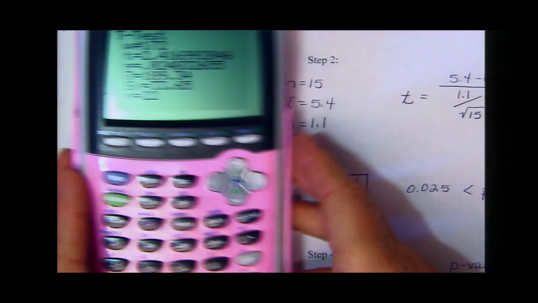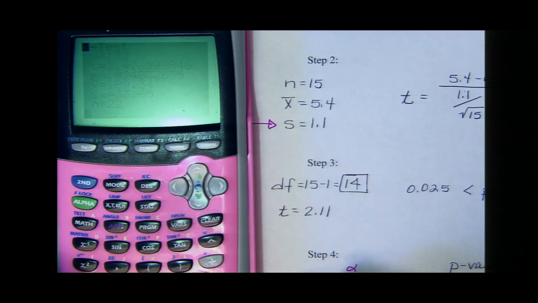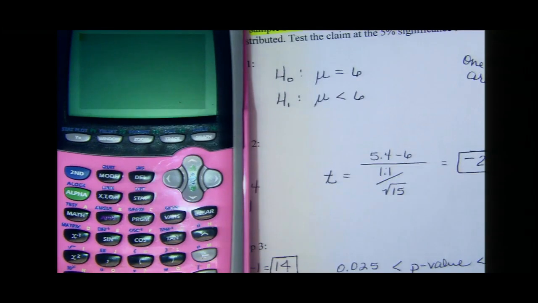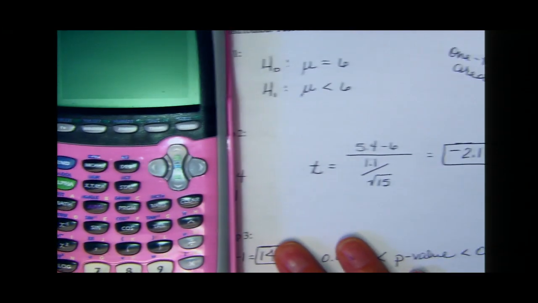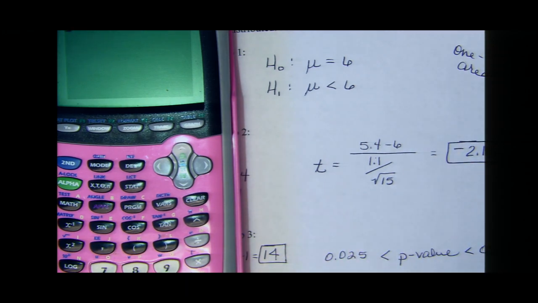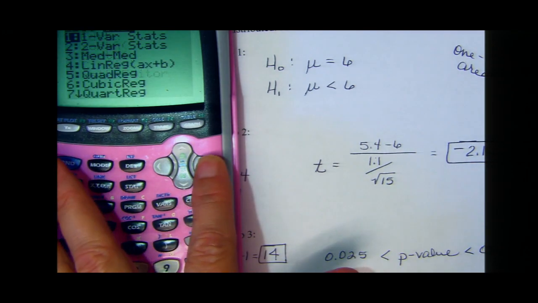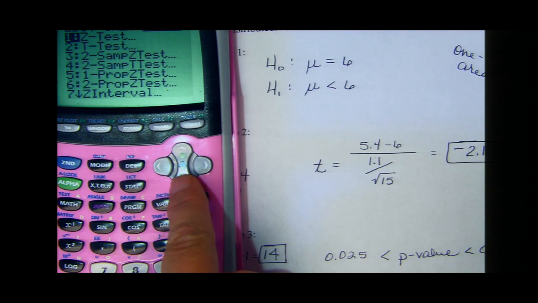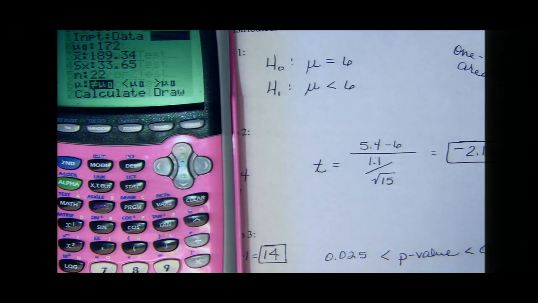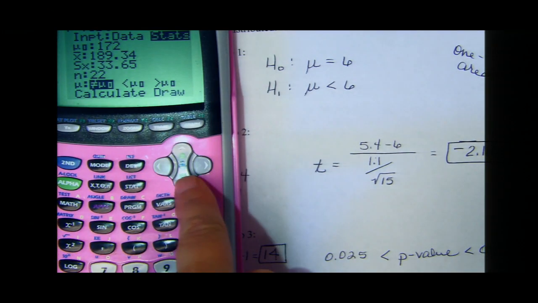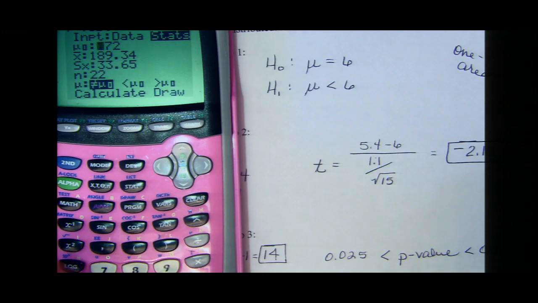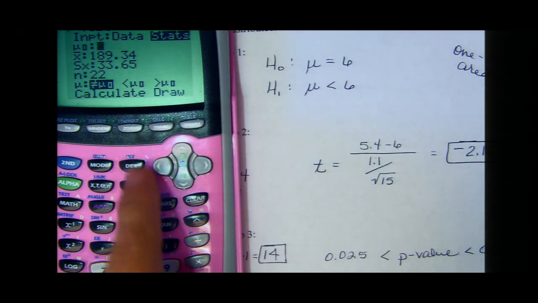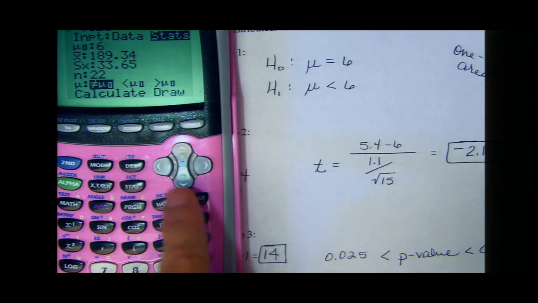And again, this only works if you're on the TI 83 or 84. Okay, so I cleared it out. I'm going to go to stat, right arrow over to tests, and then go down to 2, which is the t-test. Now you'll see it has all of our old information in there. I'm going to leave it on stats. But now for the null, I'm going to delete out 172 and put in 6.